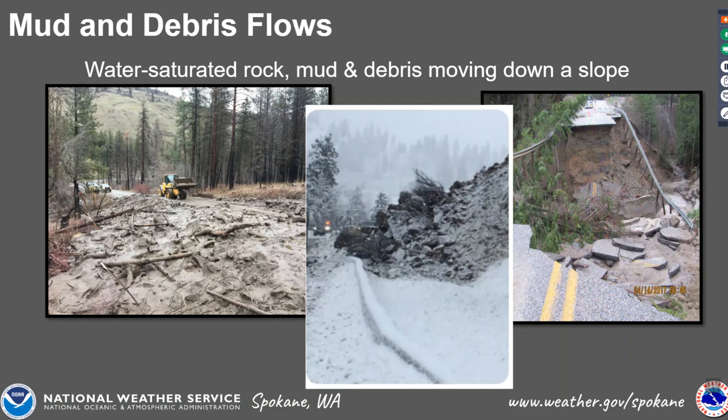It doesn't get absorbed, and so it sloughs off the steep terrain, and that's how you get mudslides, rock slides, and debris flows. We see it a lot in the fall and then again in the spring. In the winter, not too much, because it's kind of protected by the snowfall.